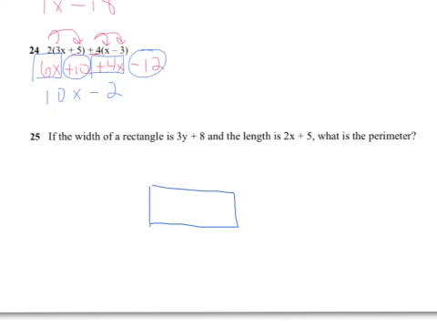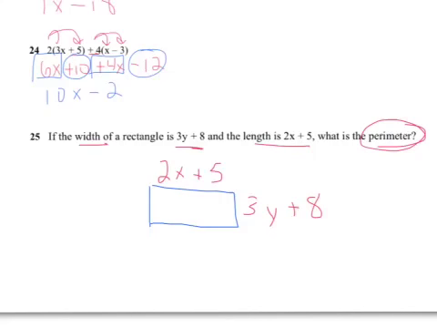So it tells me that the width of the rectangle is 3y plus 8. So we'll put 3y plus 8. Okay. Then the length is 2x plus 5. 2x plus 5. If I want to know what the perimeter is, I need all of the sides to be added up.